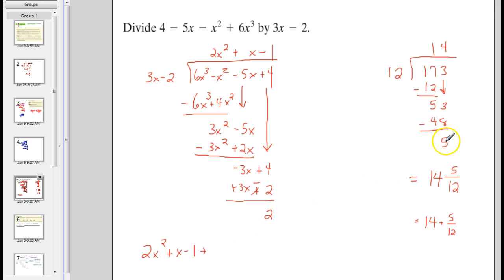And then we put the remainder over top of the divisor. So 2 over top of 3x minus 2. And there's our answer. So this is how we write the answer when we have a remainder with this long division.